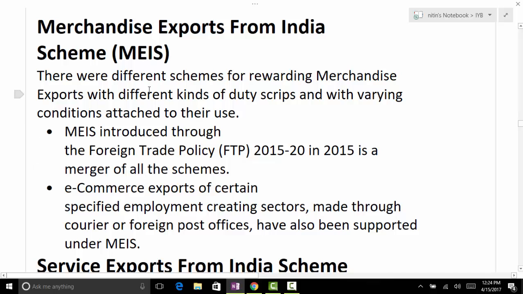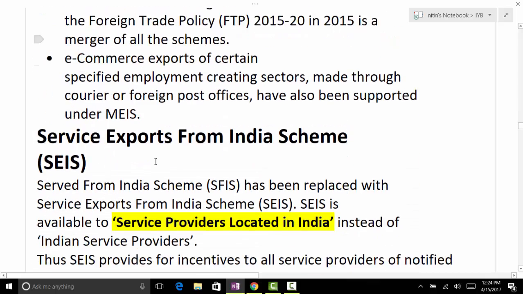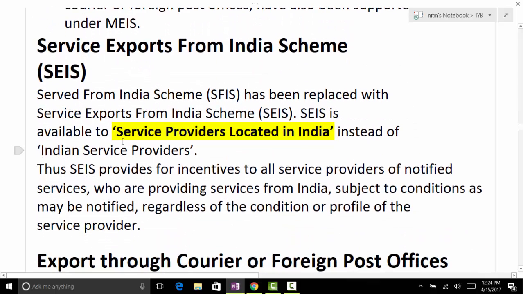So, merging all those schemes, SEIS is now available to service providers located in India. Earlier it was Indian service providers, but now it will be available to every service provider, whether an Indian entity or a foreign entity, working or located in India.